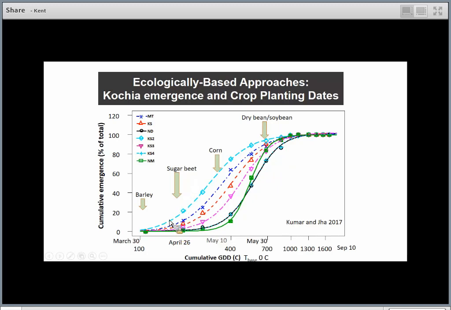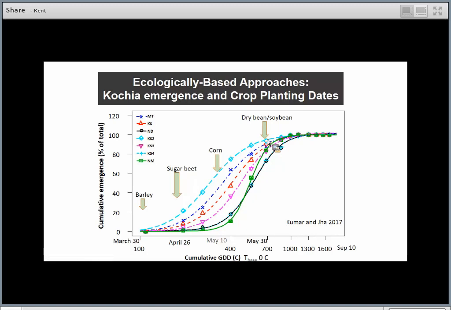At sugar beet planting time, some have already emerged by the time you plant. So you can do some control ahead of planting time, but there's still 70–80% of the seeds in that soil seed bank to come out. Dry beans, on the other extreme, pretty much all of them have emerged by the time you plant.